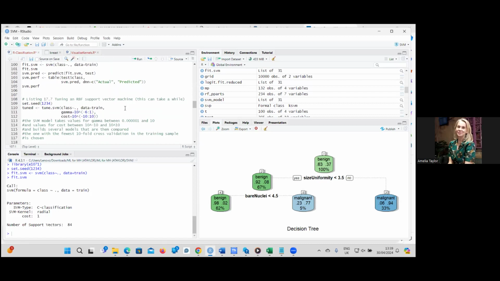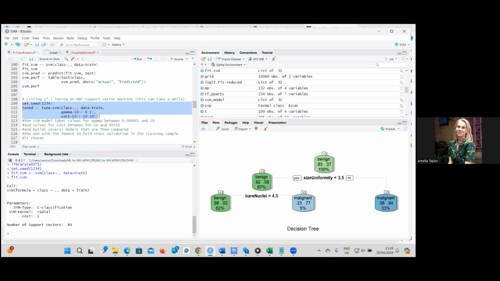In the next example, you are tuning the support vector machine that has been created by adjusting this gamma and the cost. And in the notes, I mentioned that gamma controls the shape of the hyperplane that separates your data.